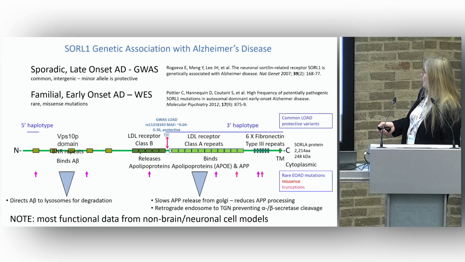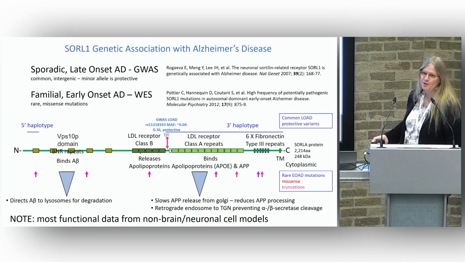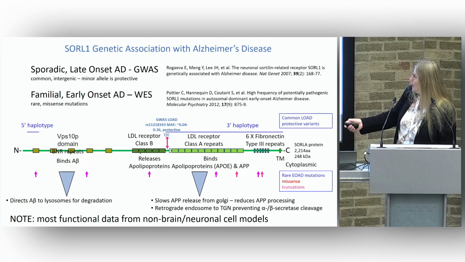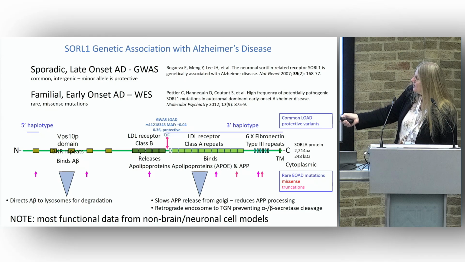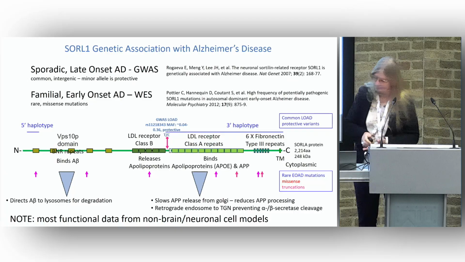And the binding of APP is believed to slow APP release from the Golgi, which reduces APP processing and the production of amyloidogenic A-beta. At the other end, you can see that there are these VPS10P domains, BNR repeats, that direct A-beta to lysosomes for degradation.